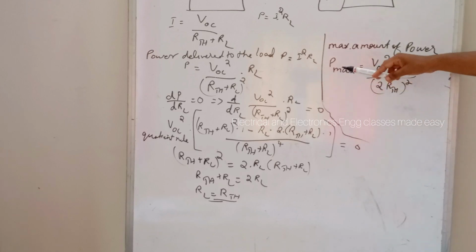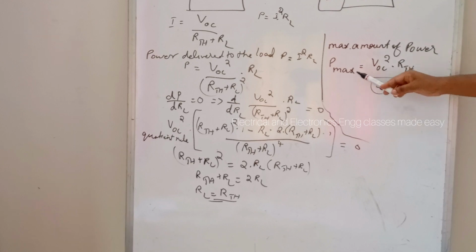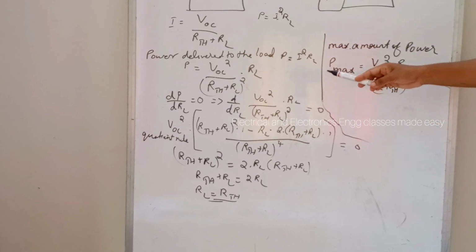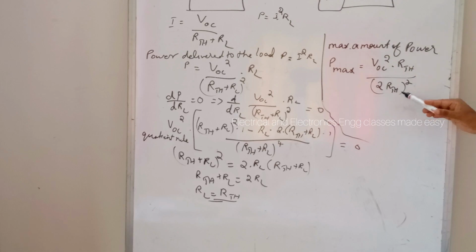Put the value of RL in this equation, then we get the maximum power, that is P max equal to VOC square into RTH divided by RTH plus RL whole square, that is 2 RTH the whole square.